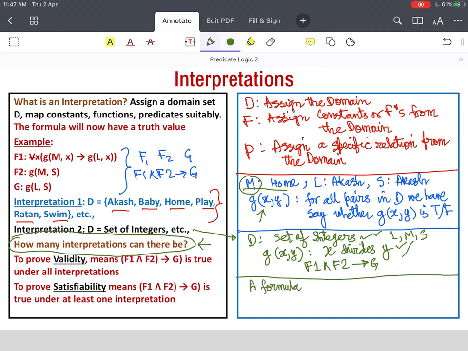Now, a formula is said to be valid if it is true for all interpretations.